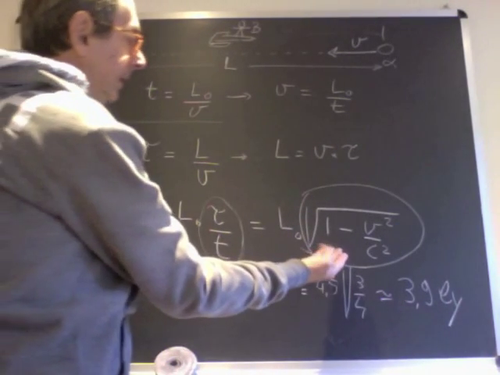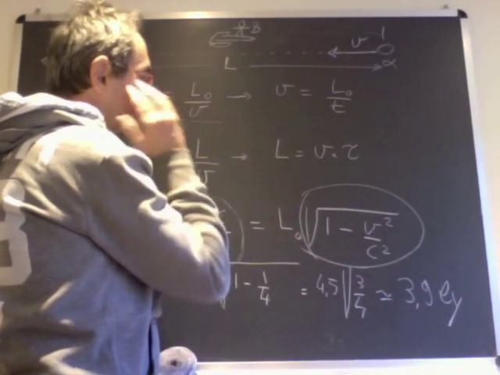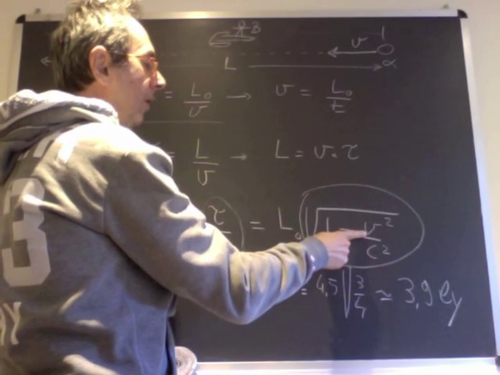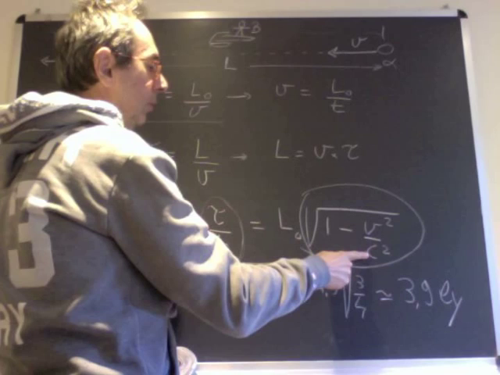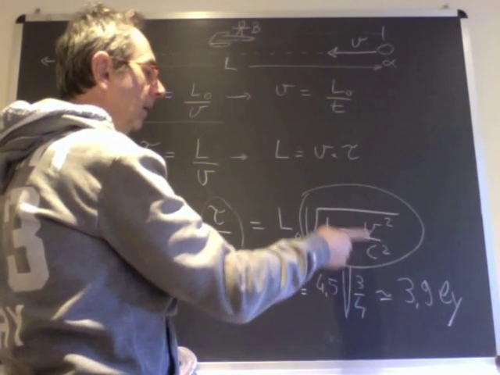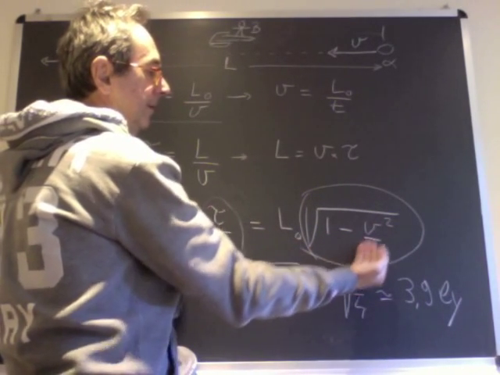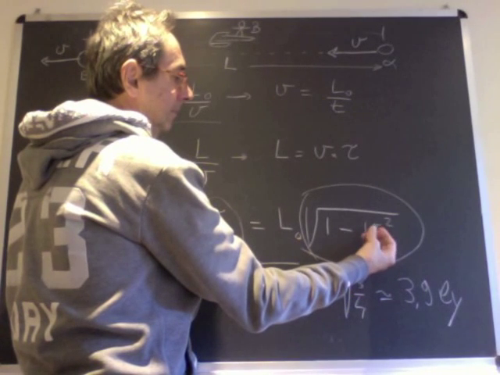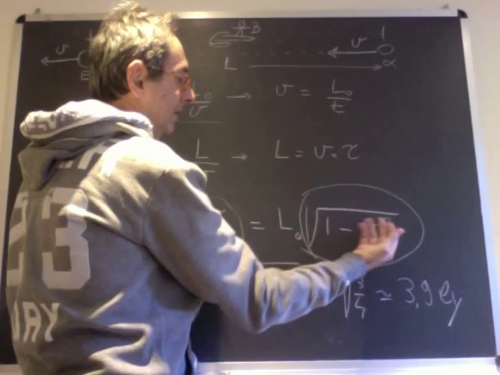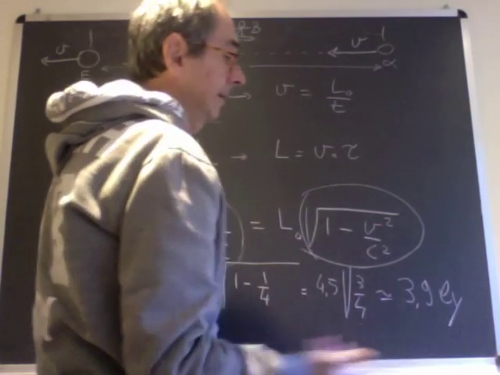And it's quite easy and interesting to notice that when the speed of the moving object is much smaller than the velocity of light, this ratio here is very, very small. We can neglect it, and so the square root of 1 is 1, and so the relativistic effect does not exist.